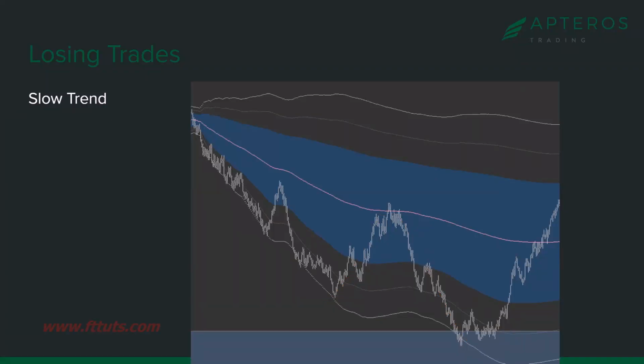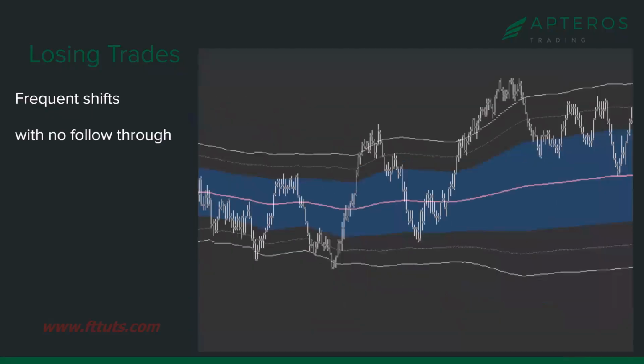More losing trades. Let's talk about more frequent shifts where the market tries to go imbalanced or tries to go rotational and then just does the opposite. It doesn't follow through with that conditioned shift. So we try to go imbalanced down here on a micro basis, and then you get a rotation, but then it stops you out.